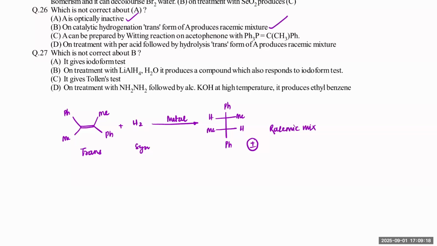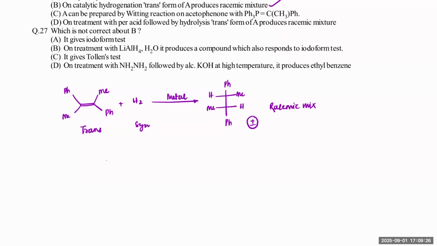A can be prepared by Wittig reaction of acetophenone with this compound. That is also correct. See, acetophenone is like this: Ph CH3 double bond O. Now when you react with Ph3P double bond C CH3Ph. Okay. And if you remember, this is called the Wittig reaction.